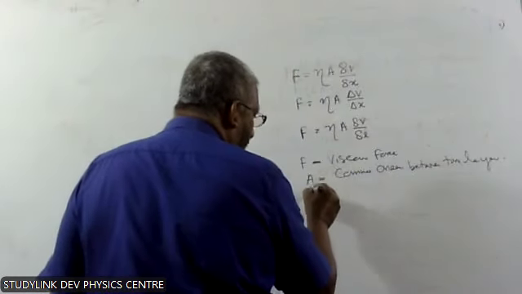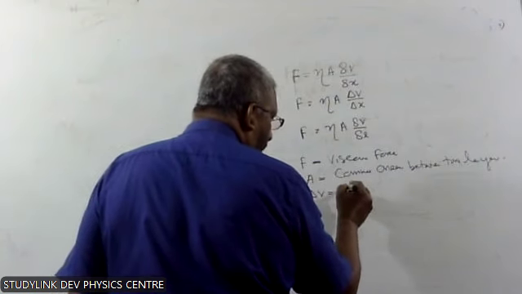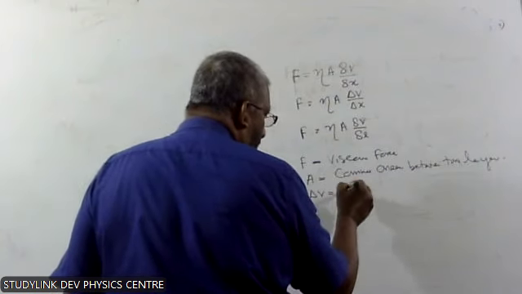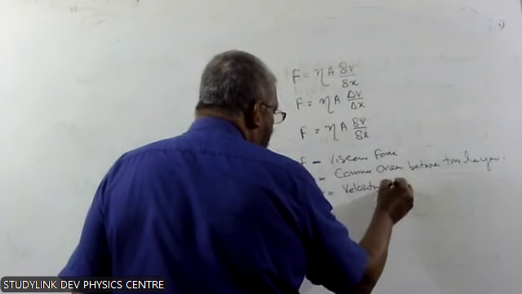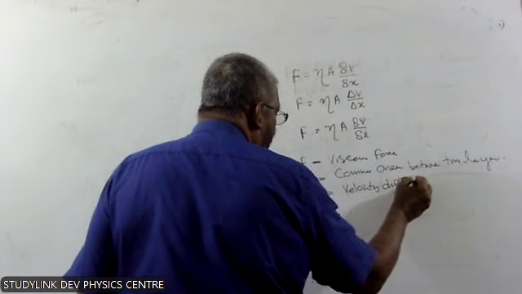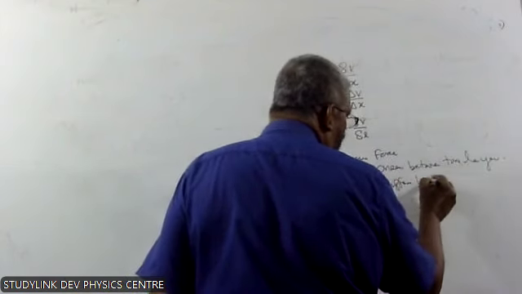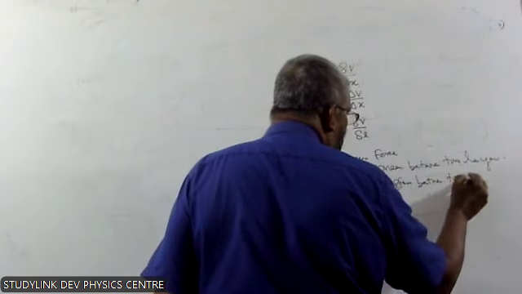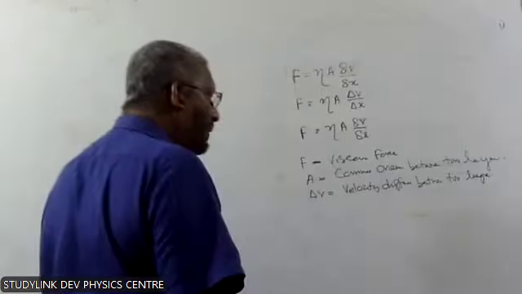Then delta V, the velocity difference between the two layers. But this is correct for one direction.